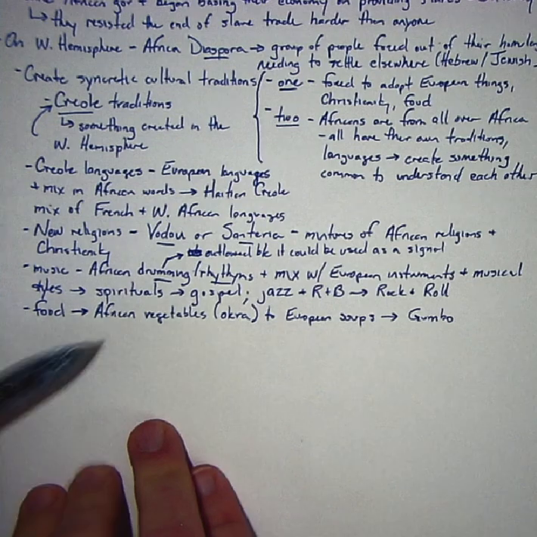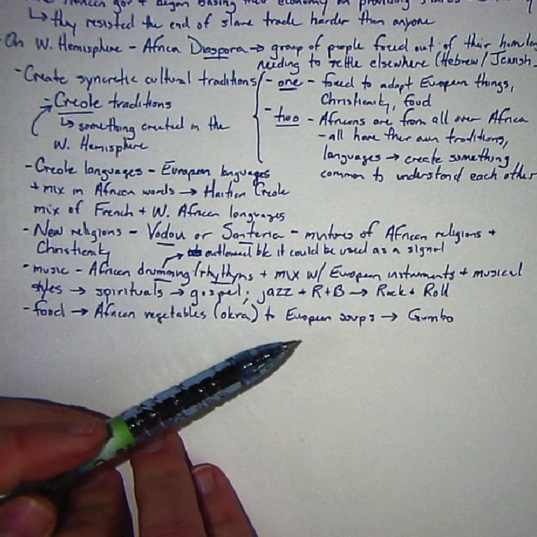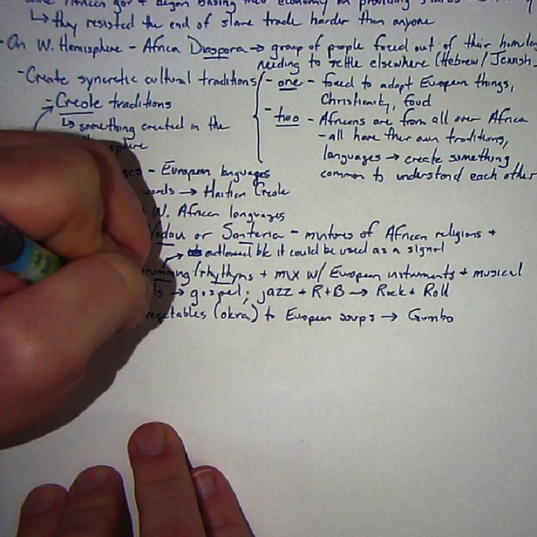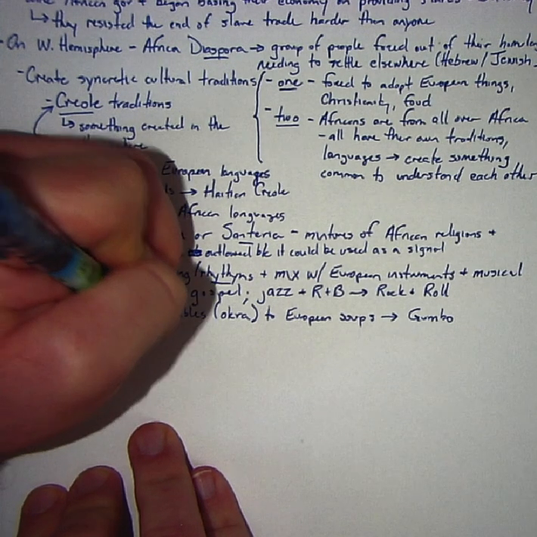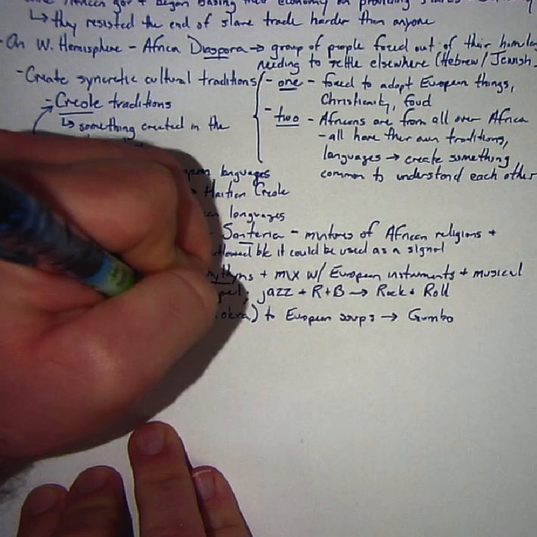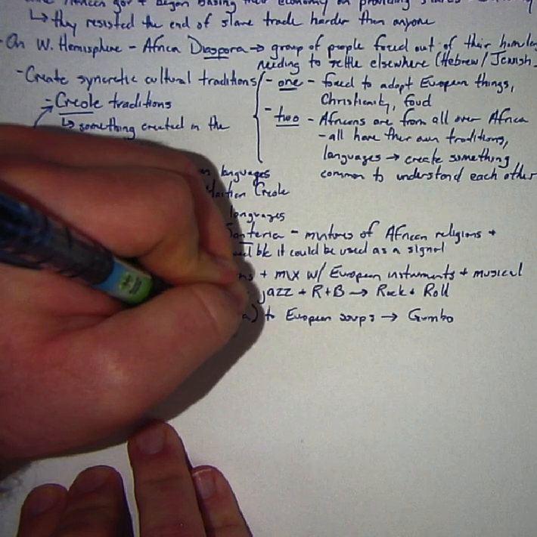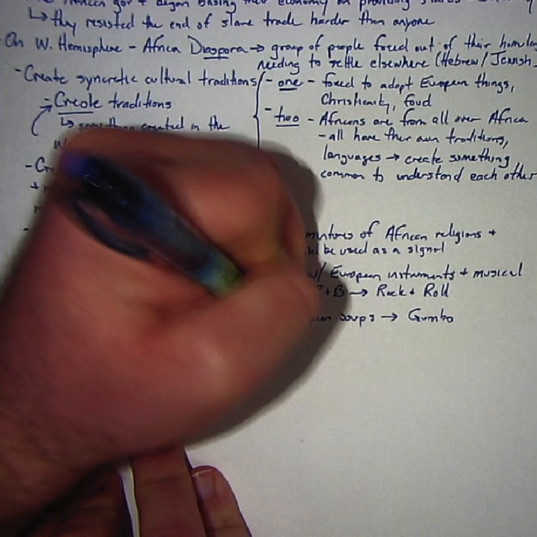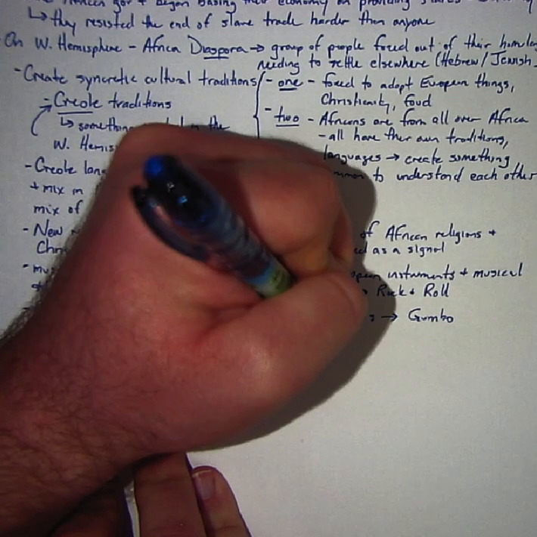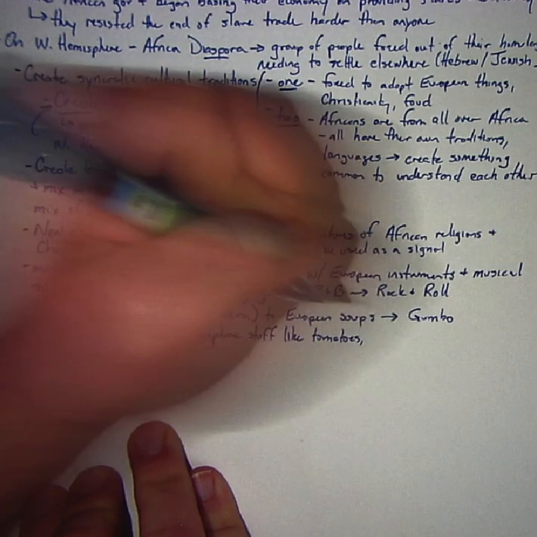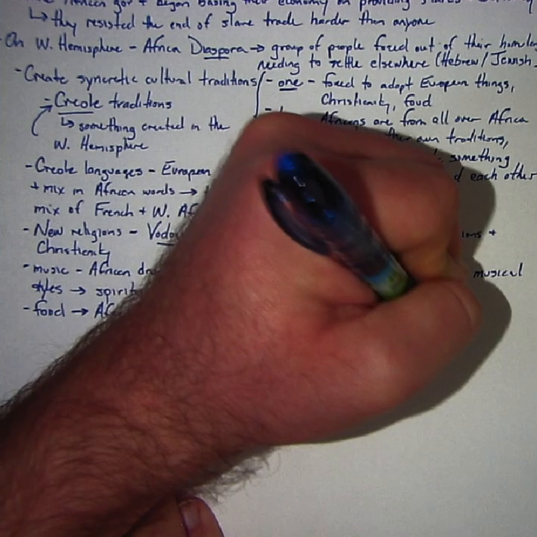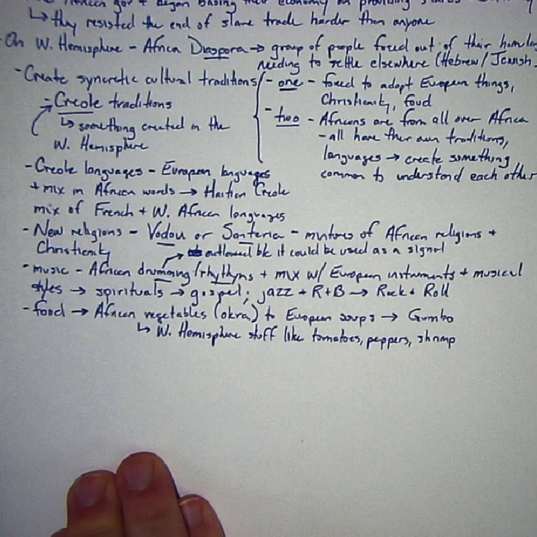So we're going to take something African. We're going to take, like, I don't know, beef soup. We're going to add to it maybe some Western Hemisphere stuff like tomatoes or peppers or shrimp. And that's how we get gumbo.